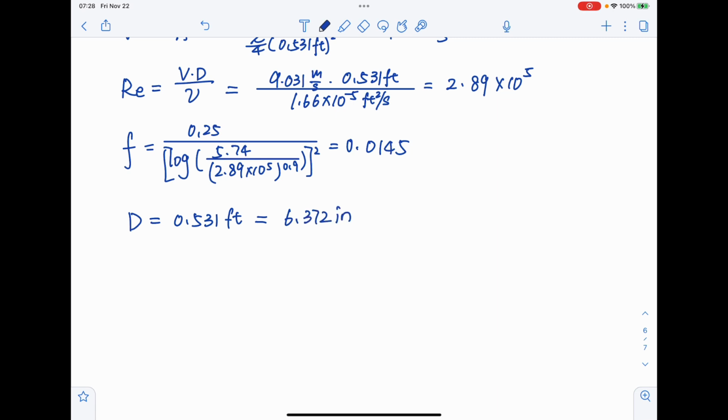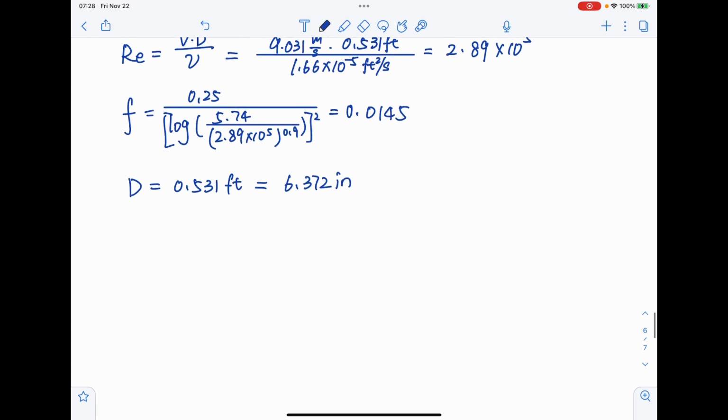And we're gonna pick the closest diameter in even numbers that is larger than this number. So choose 8-inch pipe. Okay.